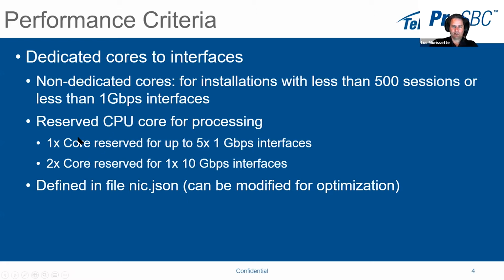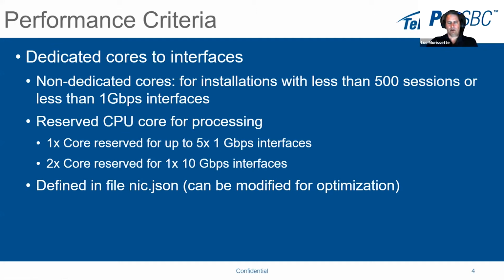So you need to have enough cores to support the network interfaces that will be facing the network. This information is defined in a file that is used for the configuration of the system, and that file is called nic.json.